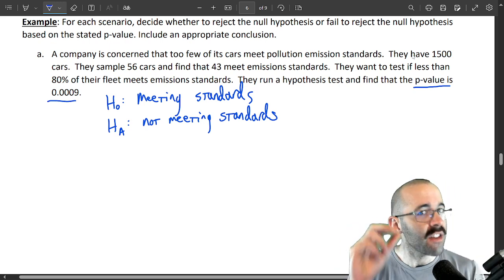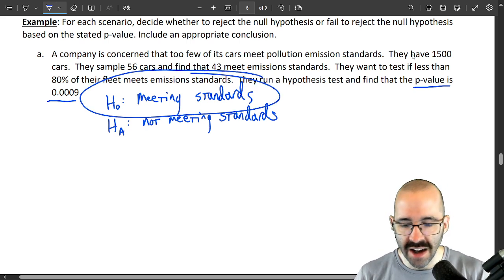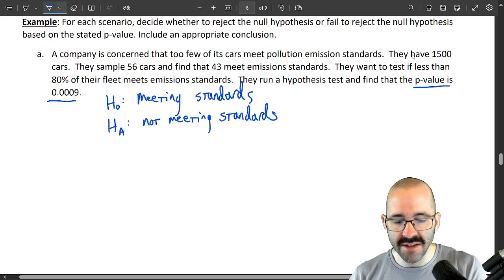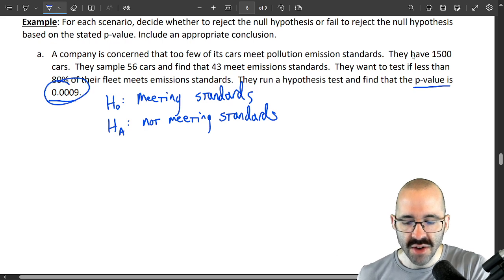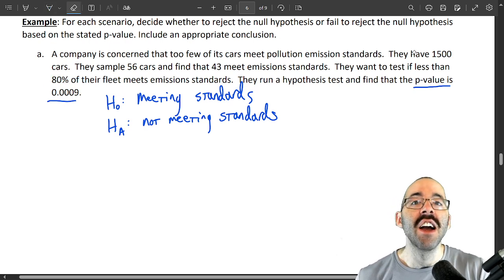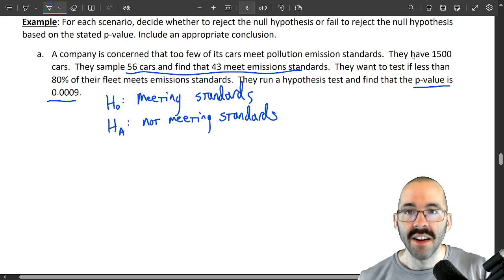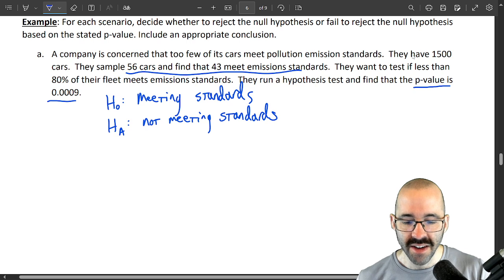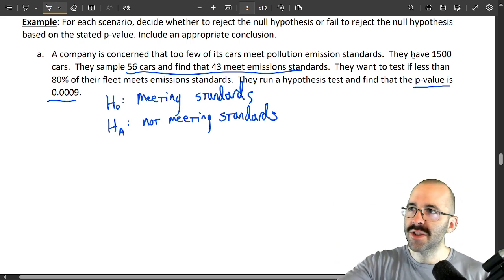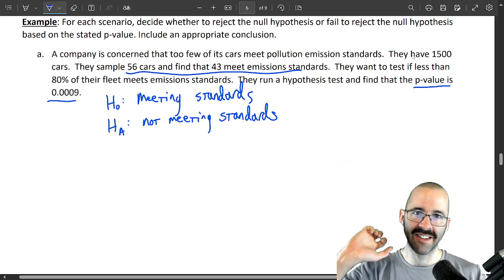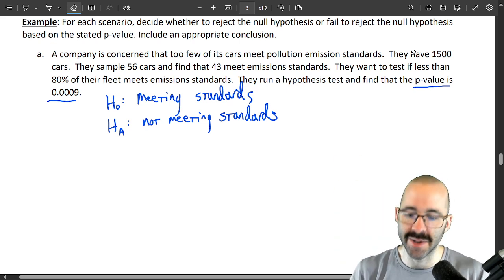That means that if we are working under the assumption that we are meeting emission standards, and everything's working right, there's a 0.09% chance that we could have gotten this unlucky with our sample. That means it is almost impossible for us to have sampled this poorly if we're meeting emission standards. So the natural conclusion is that we're probably not meeting emission standards.